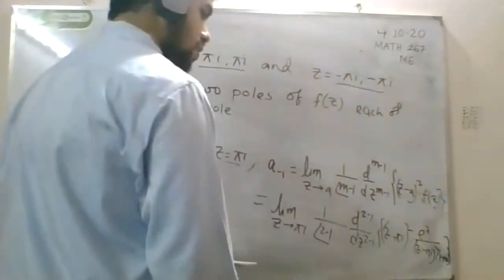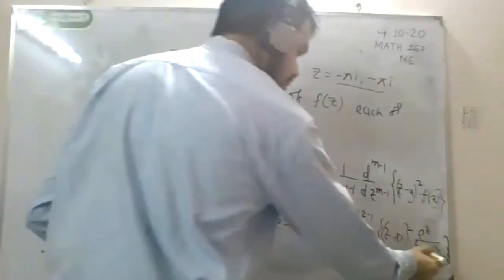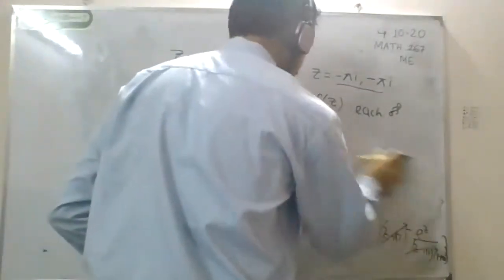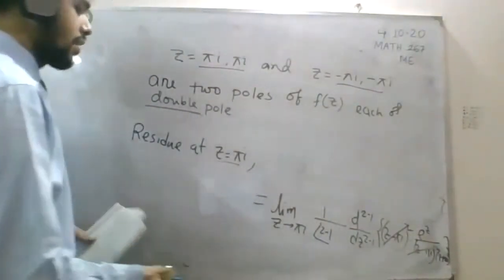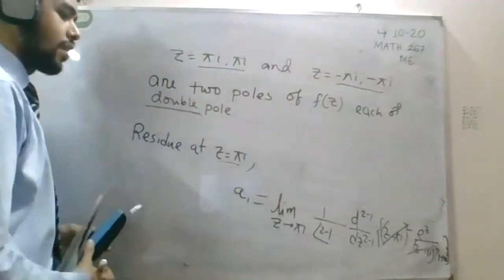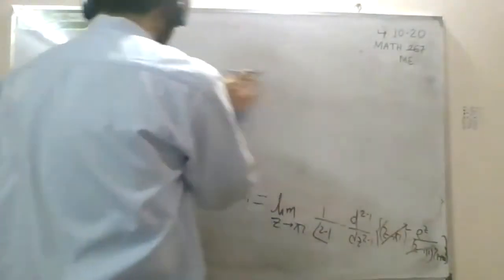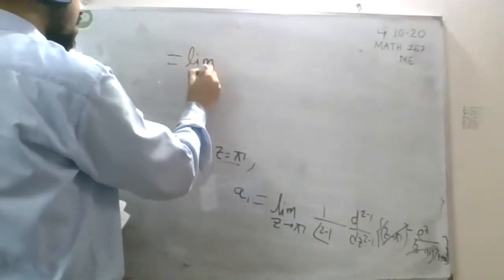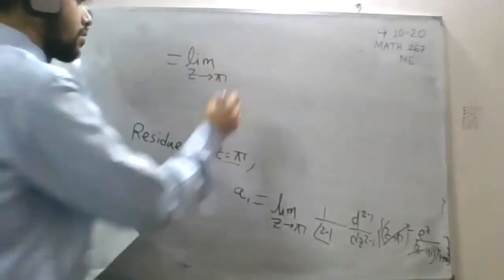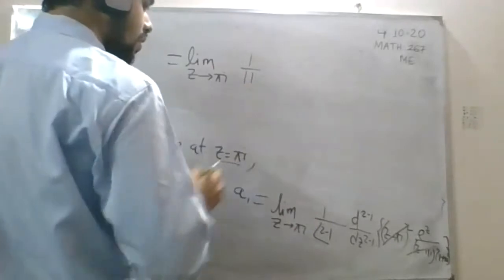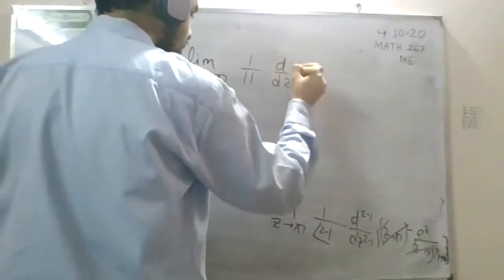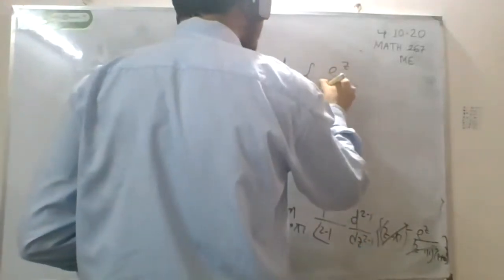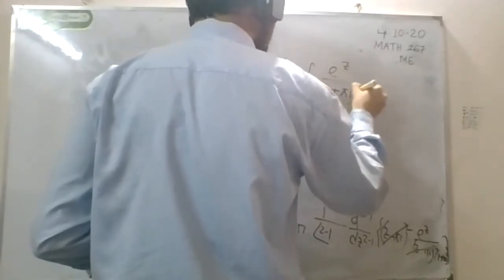So from here you can remove this thing directly. And after that, you can say limit z tends to pi I, 1 by 1 factorial, d by dz of e to the power z divided by z plus pi I whole square.